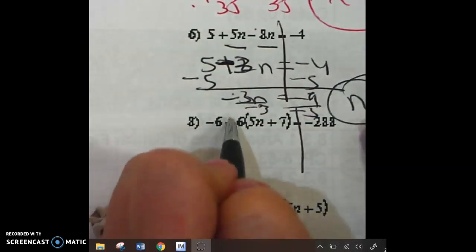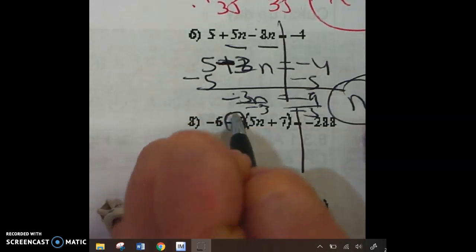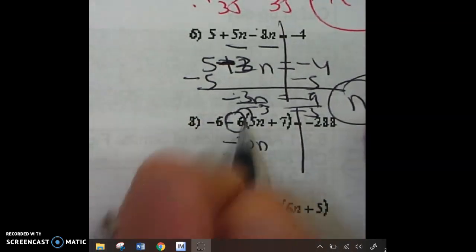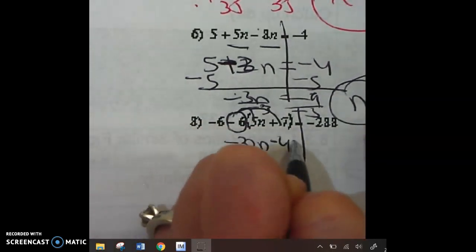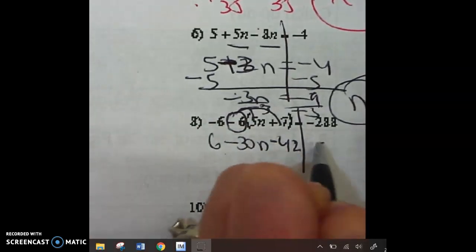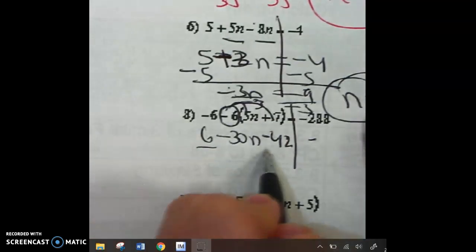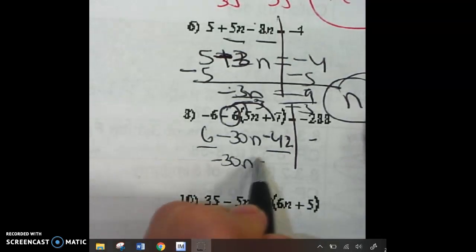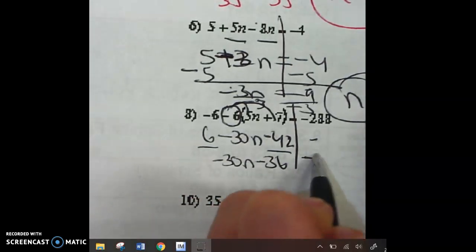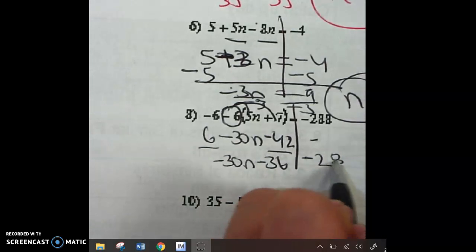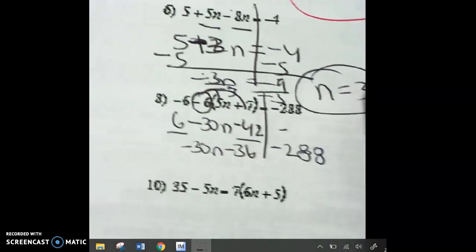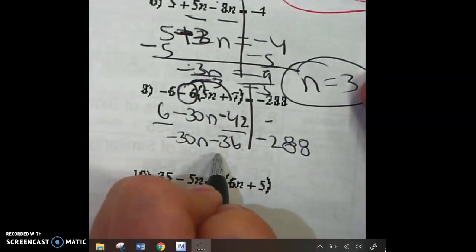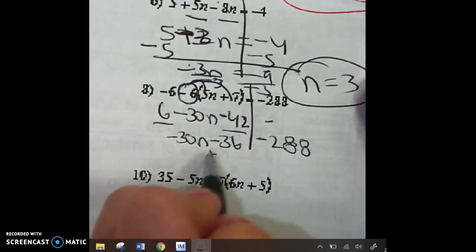Draw the line. Now when I multiply, I have to multiply the negative 6 times that, negative 30n. Then negative 6 times that, negative 42. And now I look, same. What is that, 288? Sorry, it didn't print very well. Plus 36.